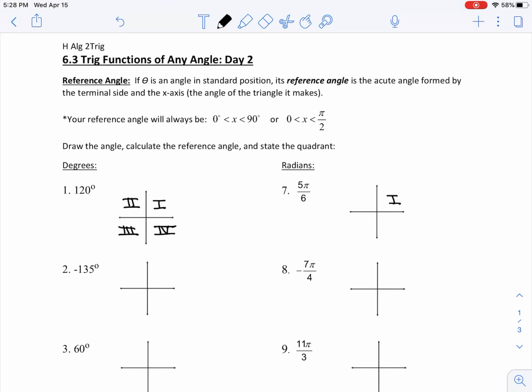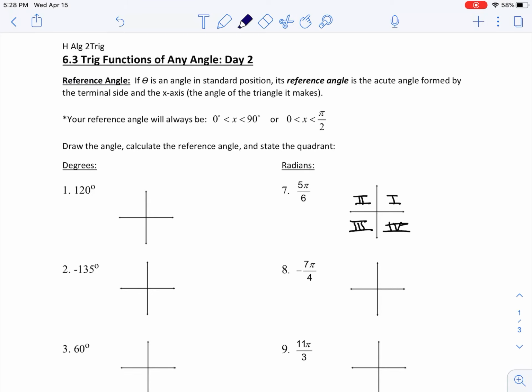It works the same with radians, but you've never seen radians before. We'll talk about those later. So, we're going to talk about this word called reference angles.